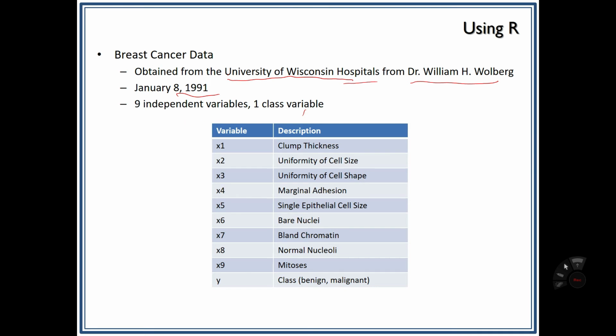Did I show you this data set before when I was explaining the concept of classification? Yes, I think I already showed that. There are 9 independent variables and 1 class variable, the class values are benign and malignant, and all those independent variables are numeric.